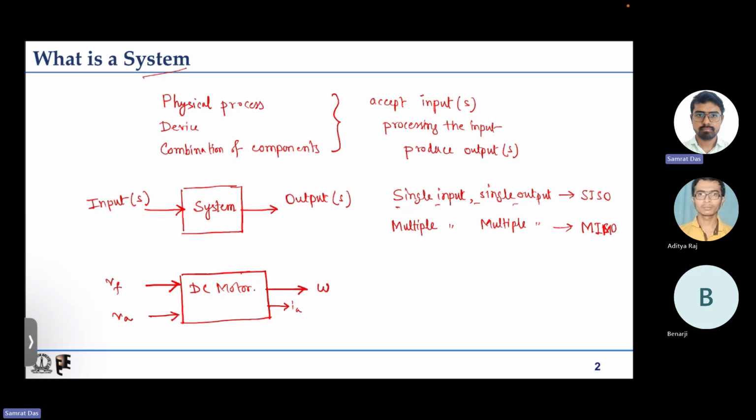But in a major sense, once we are running a motor, our purpose is to run it at a particular speed. So we are mostly worried about the speed. That is why I have indicated that speed is the major output of our DC motor system.